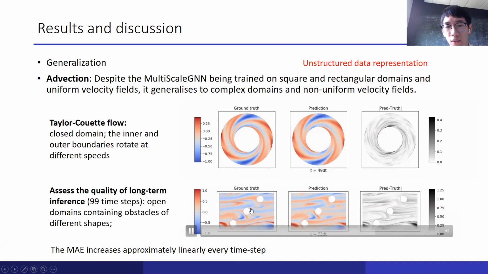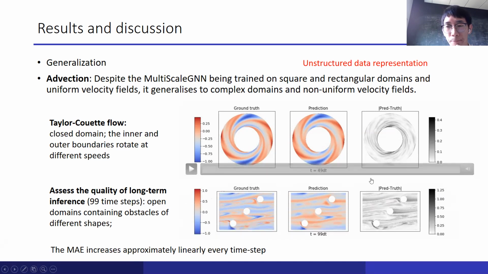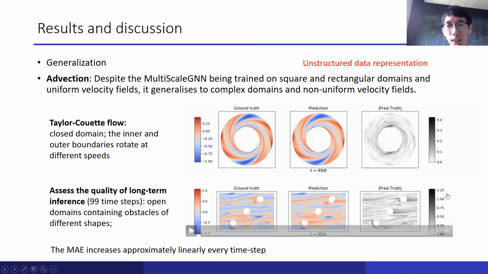When the simulation comes to 99 time steps, the absolute error is actually very large. We can see the color bar here. The maximum error is about 1.25. It's over 50% compared with the ground truth, a 50% relative error.